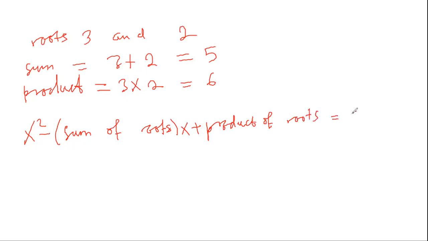So when we substitute in this general formula, we are going to have x squared minus the sum of roots, which is 5, times x, plus the product, which is 6, equal to 0.